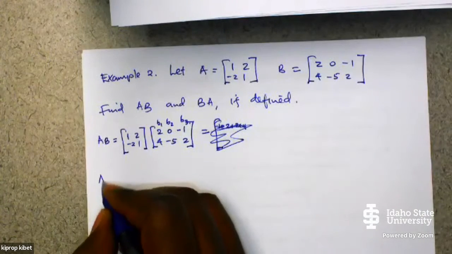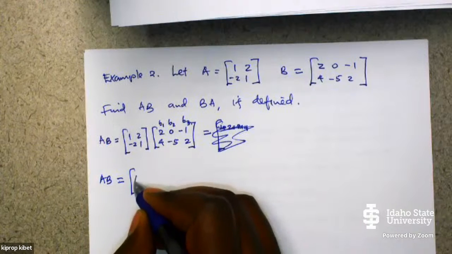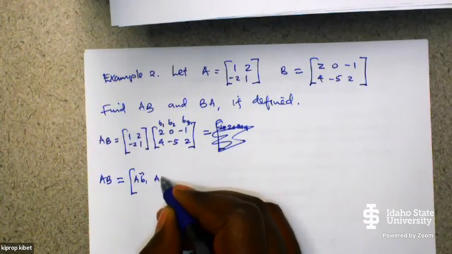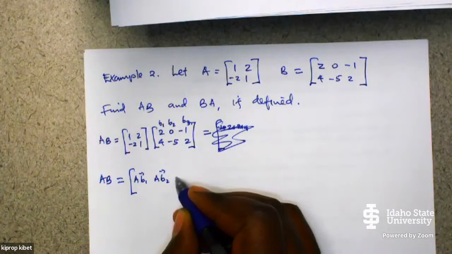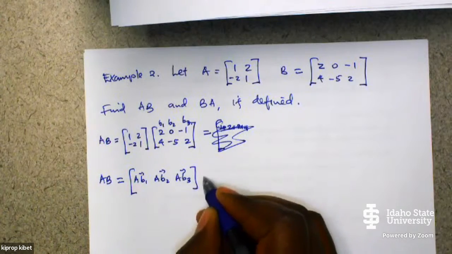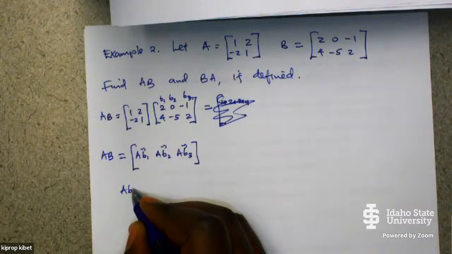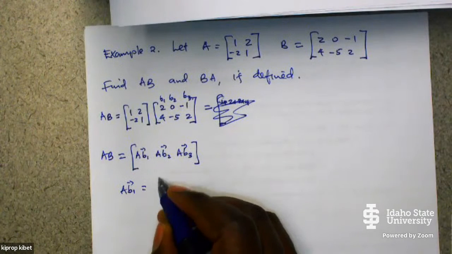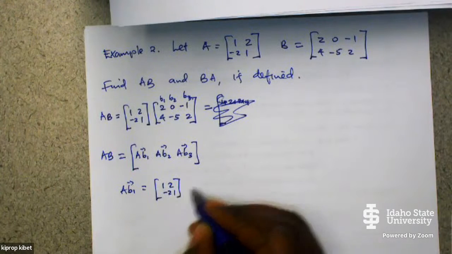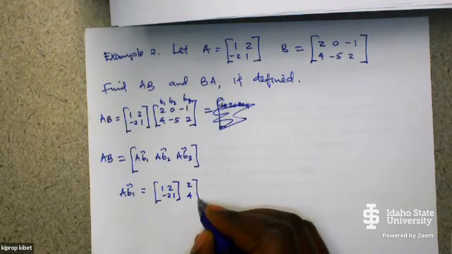Then AB is A B1, the next column is A B2, and the third column is A B3. To get A B1, we multiply the matrix 1, 2, negative 2, 1 by the first column, 2, 4.